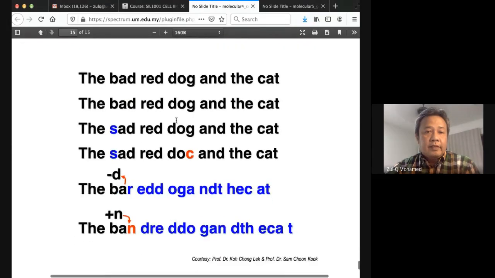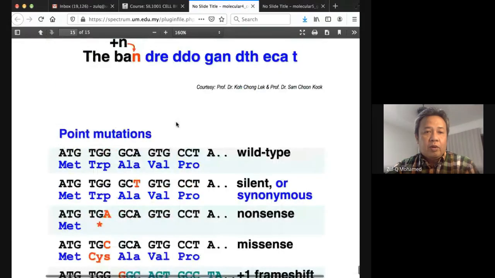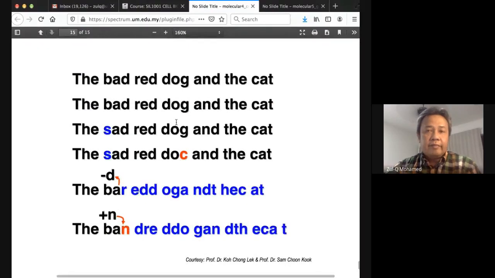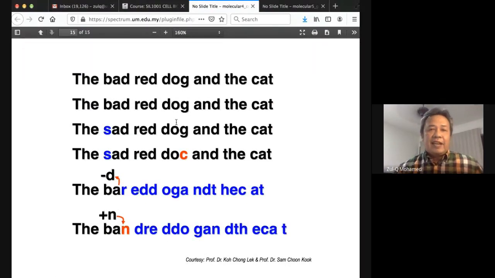This is a more friendly look at mutations. It's written in such a way that this is just an example, an analogy. If you had "the bad red dog and the cat", and the B changes to an S, it changes the meaning.